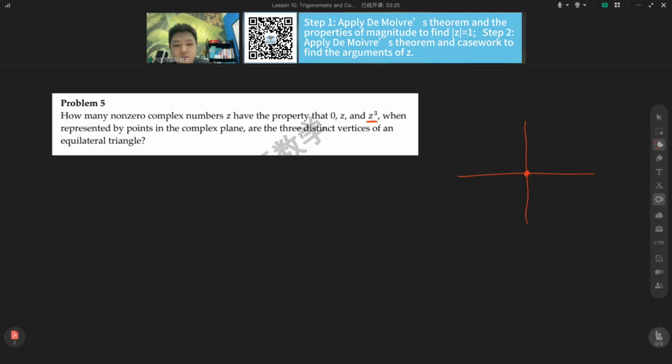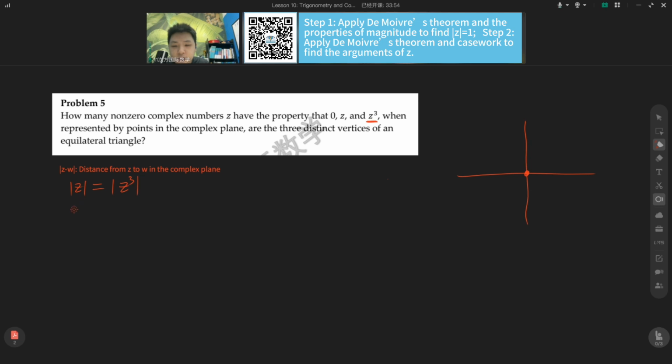And then 0 is right here, and we got 2 points right there. It is clear that from 0 to these points, we know that z minus w is the distance from z to w in the complex plane. So we know that z magnitude equals z cube magnitude.